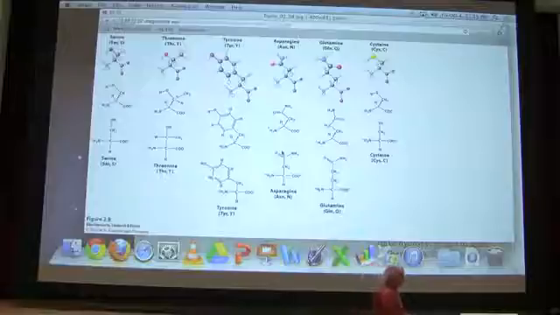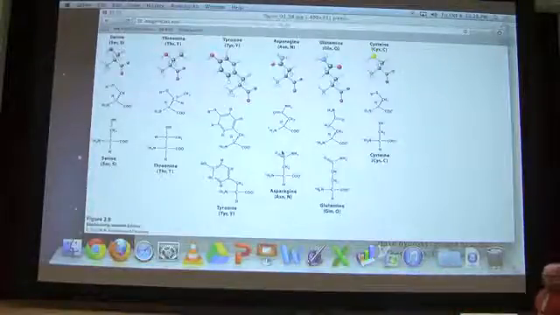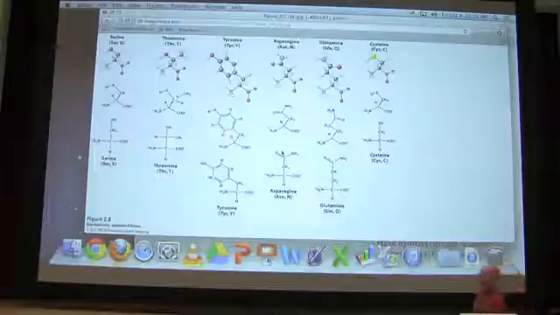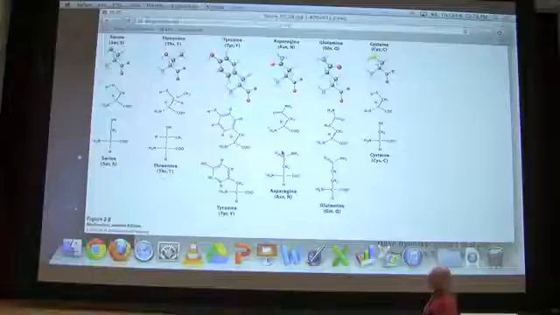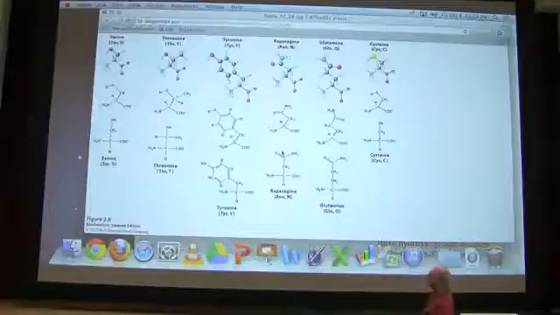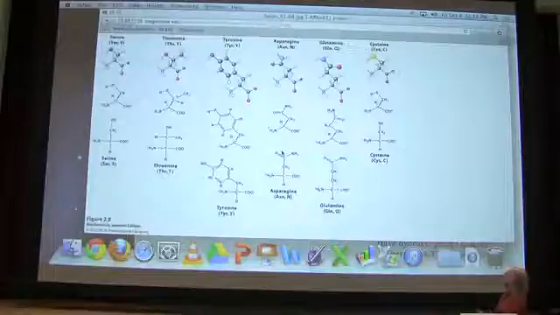If we look at each of these, it makes sense that they like water because they can form hydrogen bonds. Here's a hydroxyl. Here's a hydroxyl in the R group. Here is a hydroxyl in an R group. Here is a carboxamide in an R group. Here's a carboxamide in an R group. And here's a sulfhydryl in an R group.